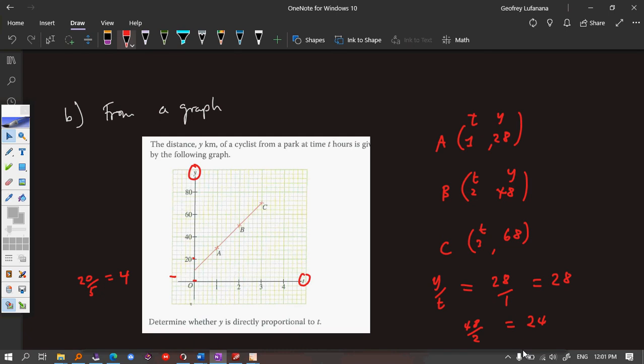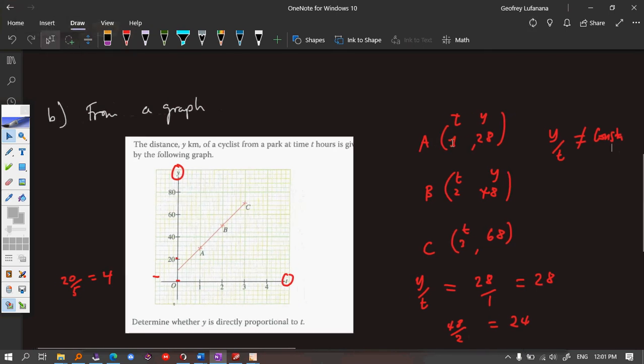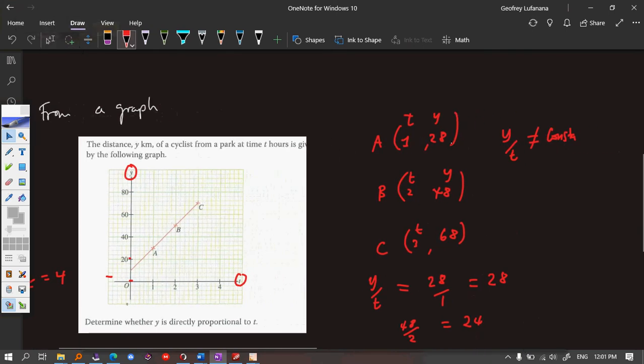Now, 24 is not equal to 28. This means that my y out of t is not a constant, meaning that y is not directly proportional to t. Why? Because I've not fulfilled the condition for direct proportionality.